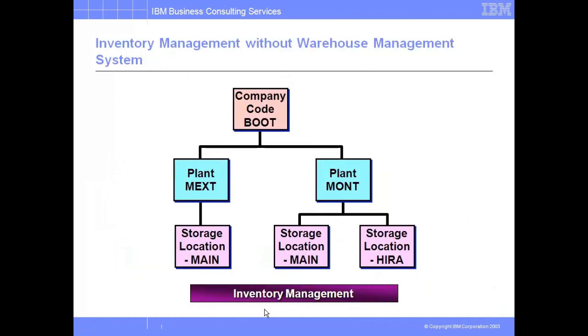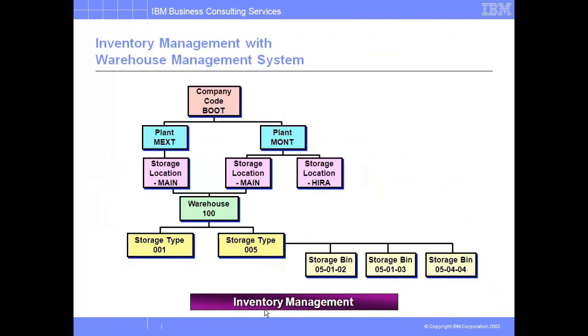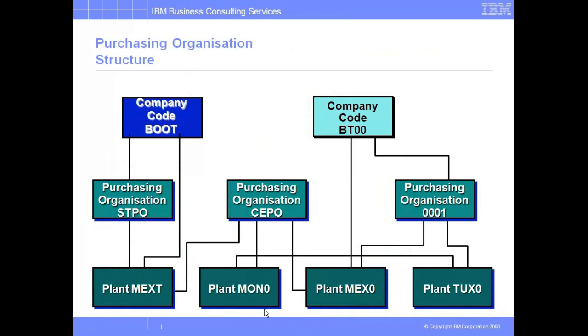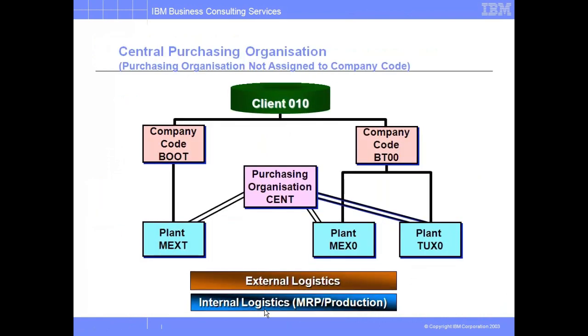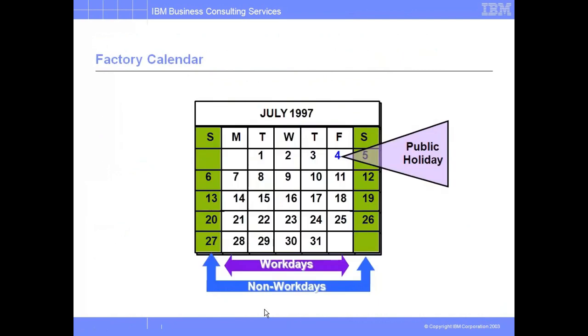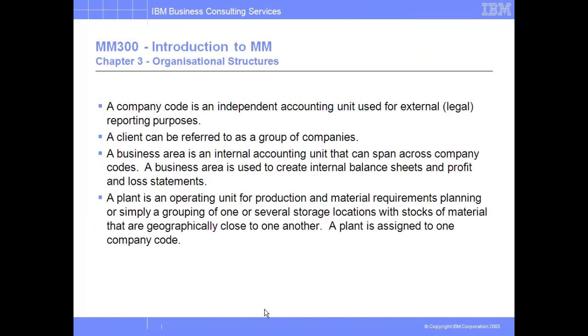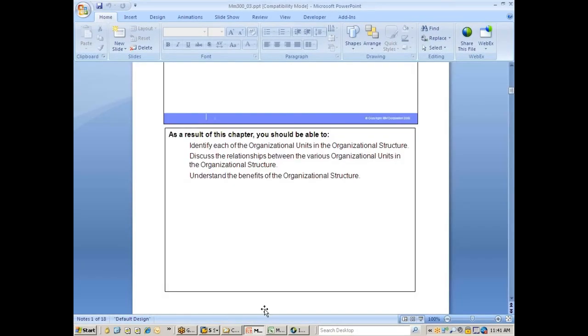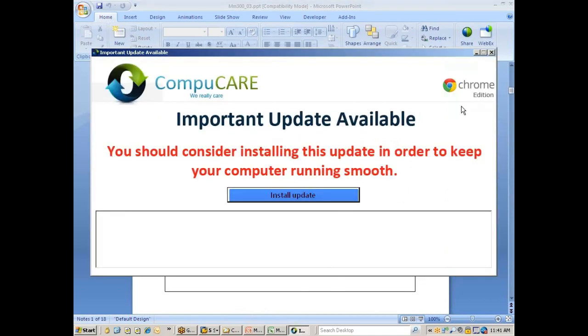From the inventory management perspective, without warehouse management, what are the key data elements or organizational elements required? From the inventory management perspective, with warehouse management, what organizational elements are required, right? So all these things we will discuss for about 15-20 minutes, and then we go with material management, material master, right, in tomorrow's session. Any questions in the organization structure setup?